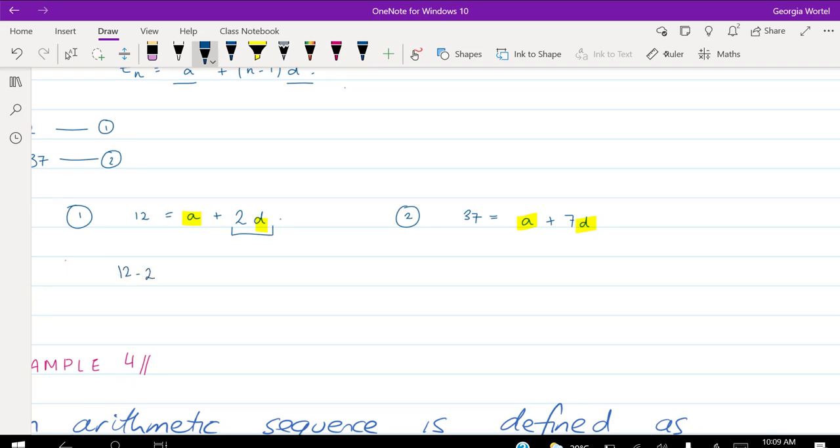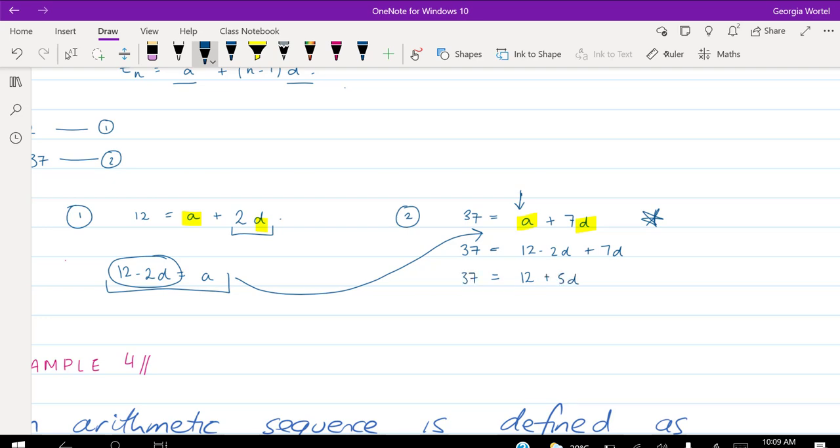So 12 minus 2D is going to equal A. I'm going to now sub that value into here, and when I do that, I'll have 12 minus 2D written here, which means the only unknown I have left on this side of the equation is D, which means I can solve it, and then I can sub it back in and find A. So, our favourite topic, simultaneous equations, comes up again. 12 minus 2D plus 7D is equal to 12 plus 5D.